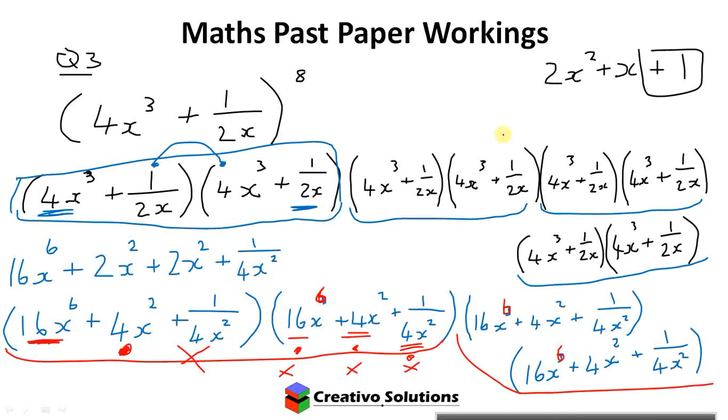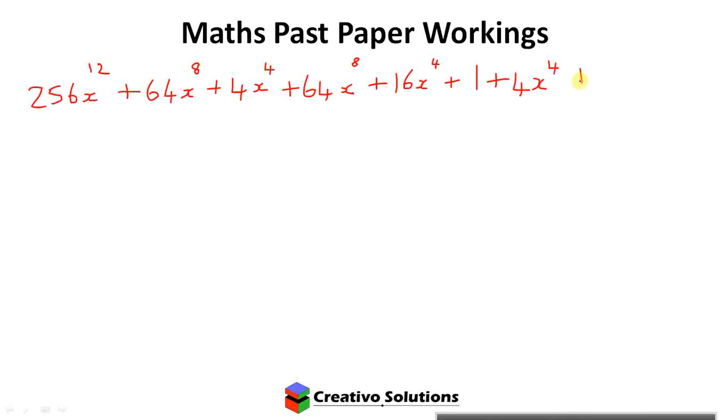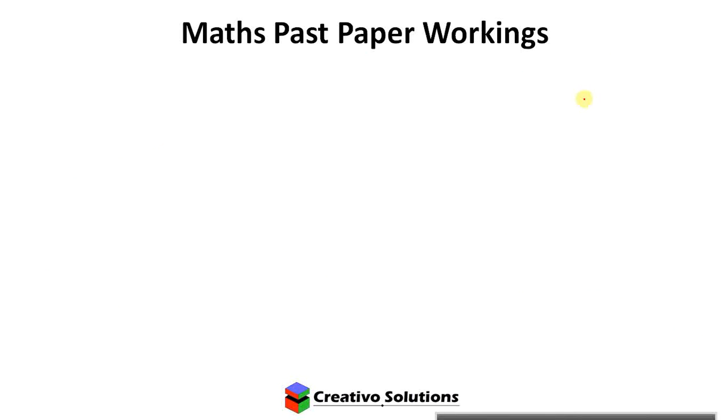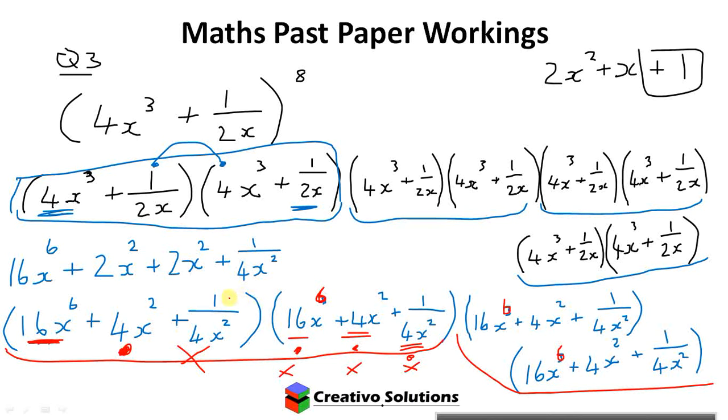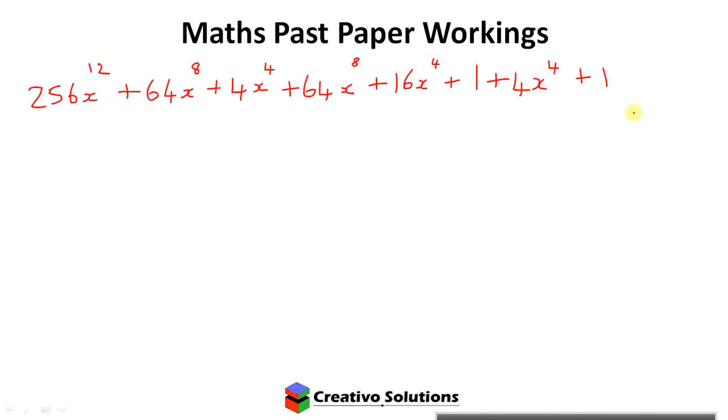Right, the next one. 1 over 4x squared times 4x squared is 1 plus 1. Then 1 over 4x squared times 1 over 4x squared is 1 over 16x to the 4.